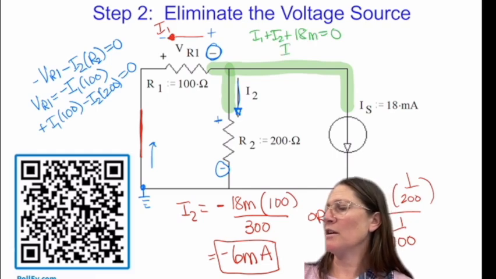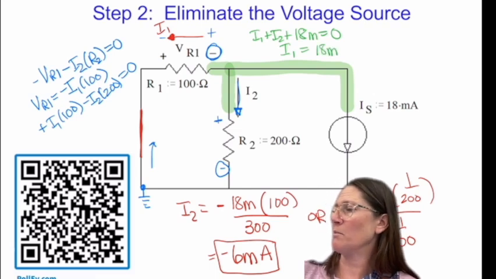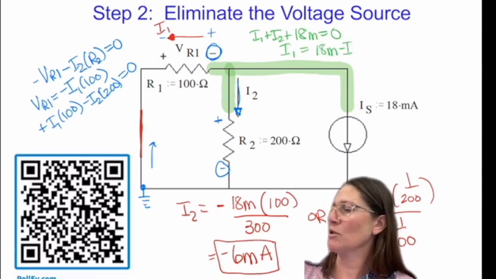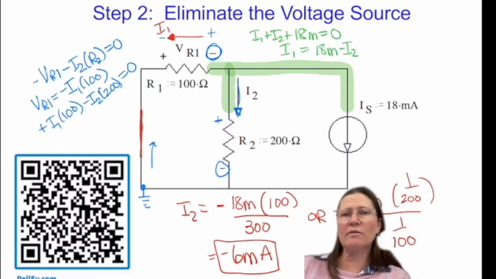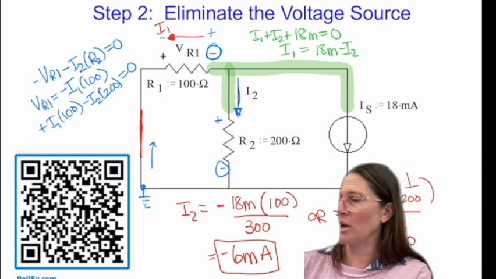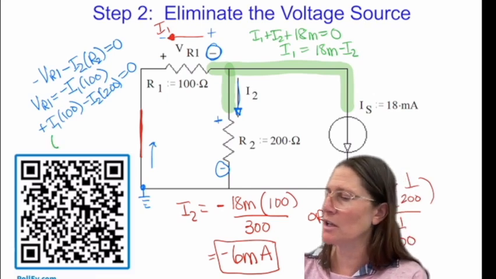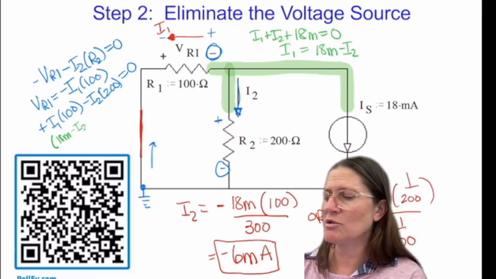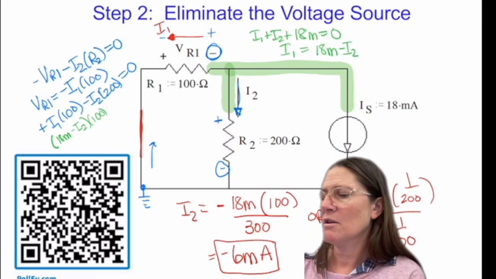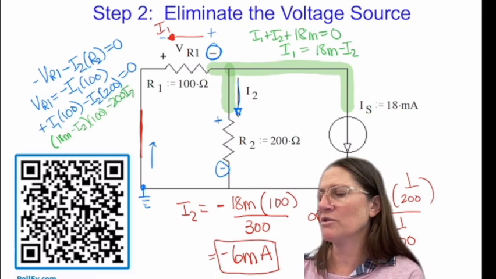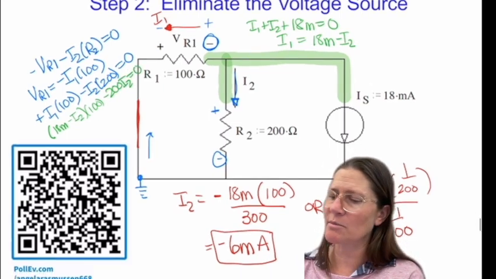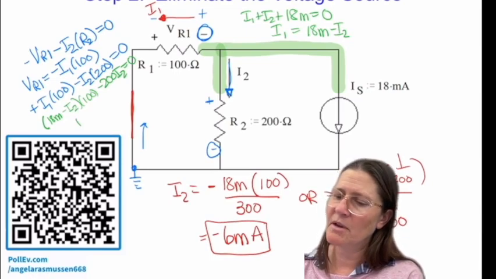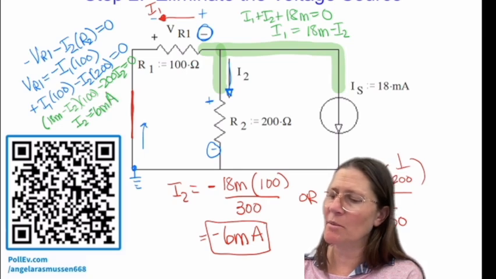Picking I1 to solve for, because I want to solve for I2, I get I1 equals 18 milli minus I2. Putting this in, 18 milli minus I2 times 100 minus 200 I2 equals 0, and solving that, I end up getting the same value, a minus 6 milliamps.